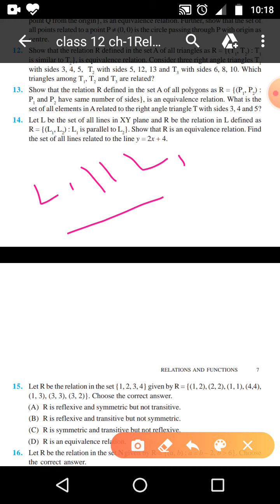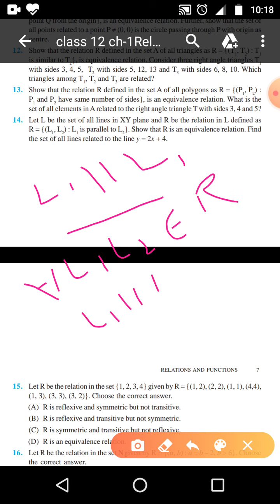And for symmetricity, for each (L1, L2) belonging to this relation, L1 is parallel to L2 implies L2 is parallel to L1, and this shows the relation is symmetric.